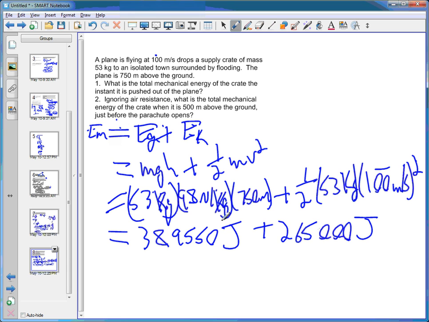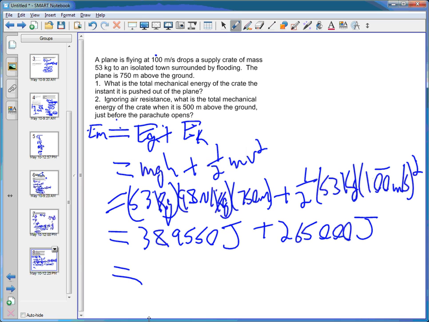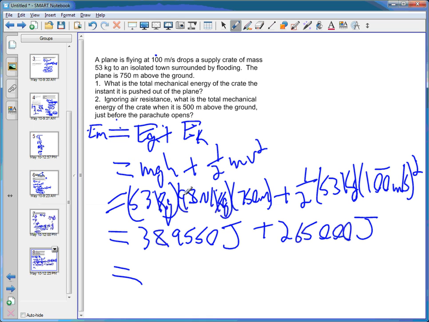So that's going to be equal to 650,000 joules, or 650 kilojoules. There we go, it's written better. Either one is correct. Okay, so that's its total mechanical energy.